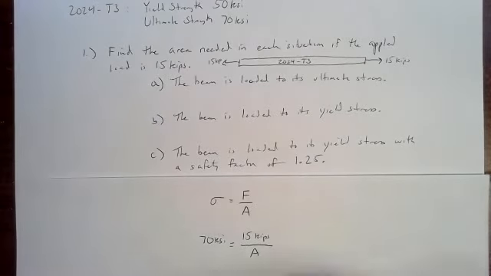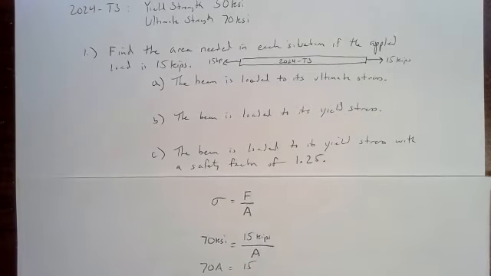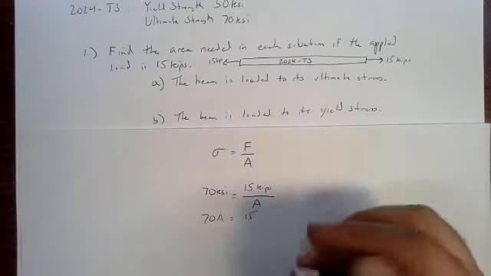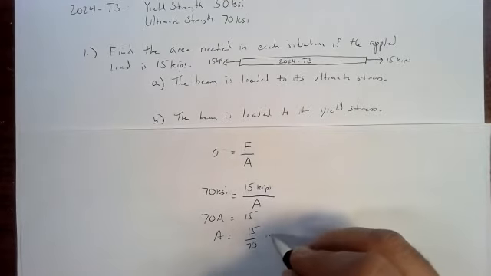If we cross multiply, we'd have 70 times A equals 15. Divide both sides by 70. So 15 over 70, the units will work out to be square inches.